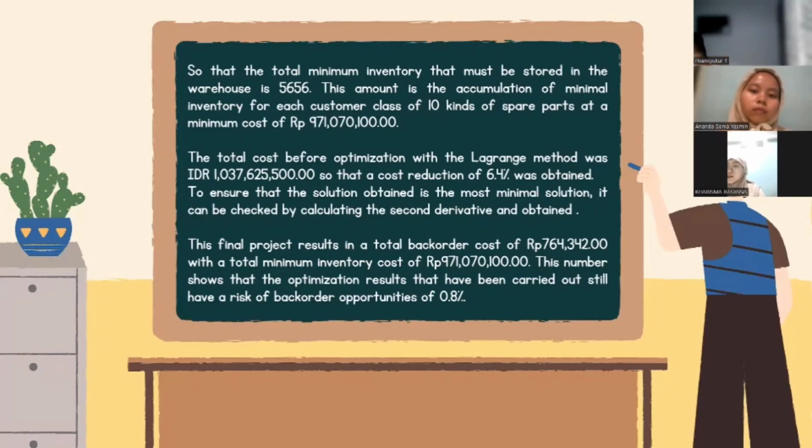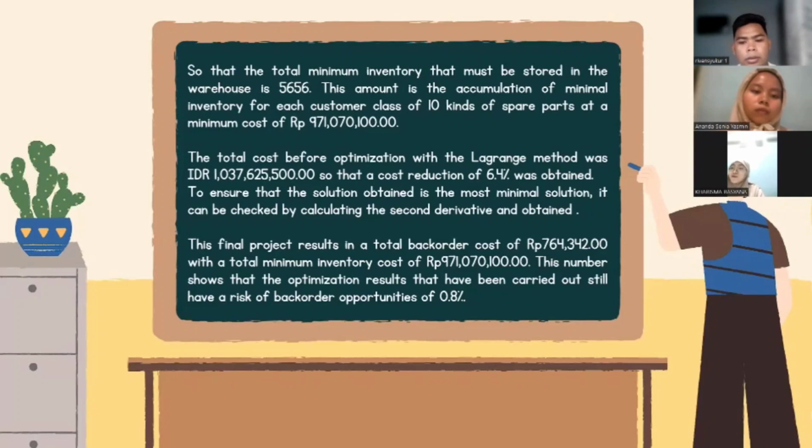5656 units. This amount is the accumulation of minimal inventory for each customer class of 10 kinds of spare parts at a minimum cost of 971,070,100.